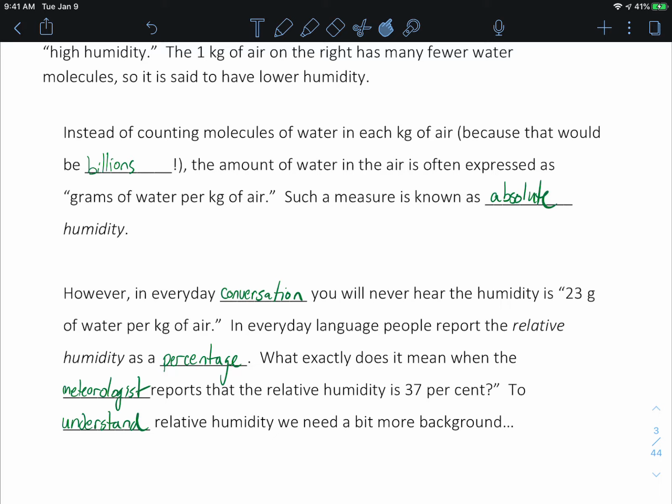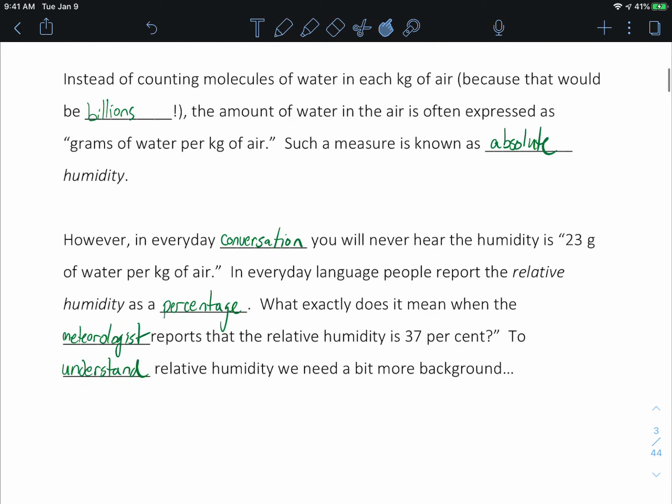So instead, we usually talk about humidity as relative to other days of the year, or relative to other conditions. So the meteorologist will report that the humidity is at 37%.